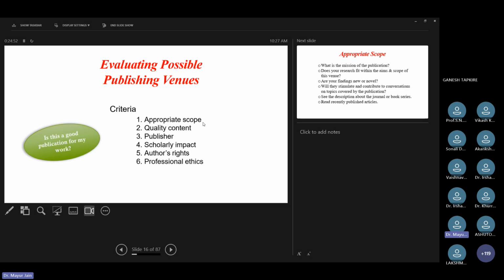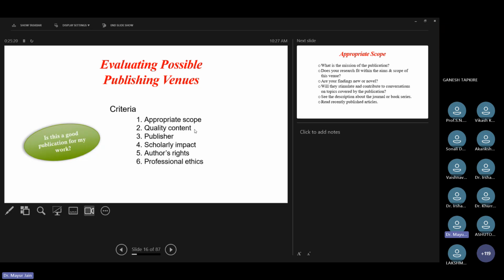And someone from civil engineering, who hardly has 5% of the computer or software based things, will obviously have a negative impact on those kinds of publications. So you should always try to match the scope of your work with the journal's aims and scope. That is again very important.